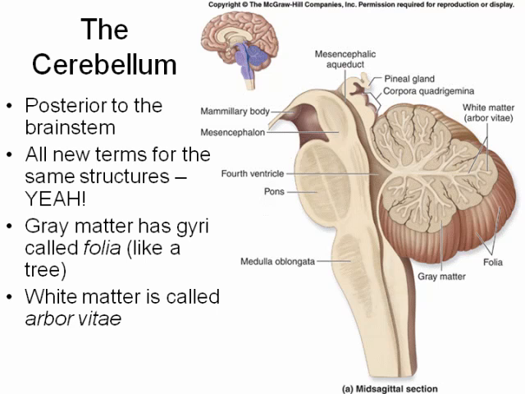Real quickly, I do want to point out to you, because there are some good things here that I want to make sure that you have. Again, you can very clearly see here is the pons of the brainstem. Here's the medulla oblongata.